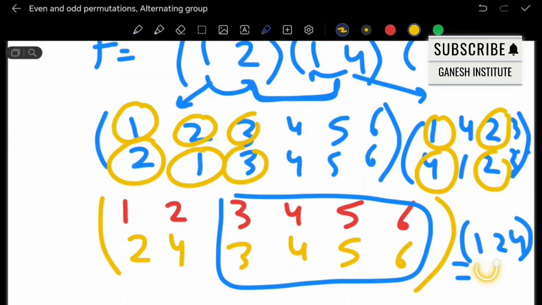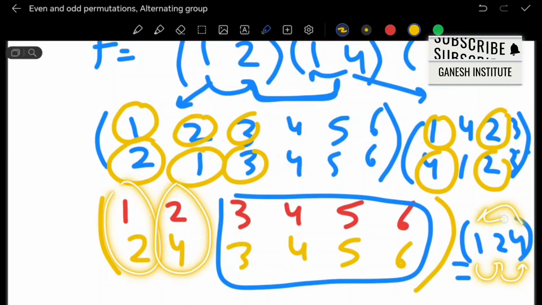Because 1 is connected by 2, 2 is connected by 4, and 4 by 1.